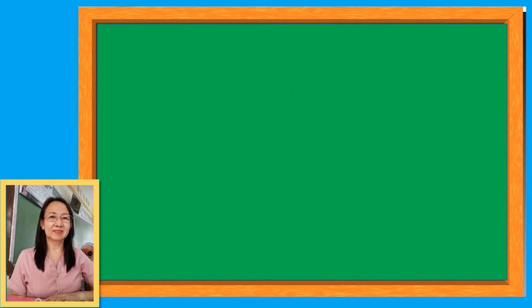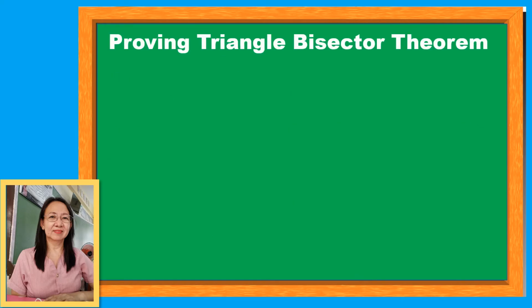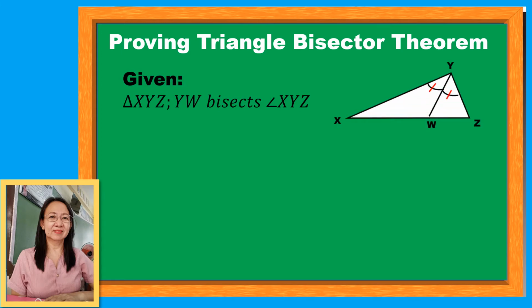Now to further understand this triangle bisector theorem, let us have our proof. So we have our triangle XYZ, then YW bisects angle XYZ. And we have to prove the proportionality XW is to WZ, and that is equal to YX to YZ.